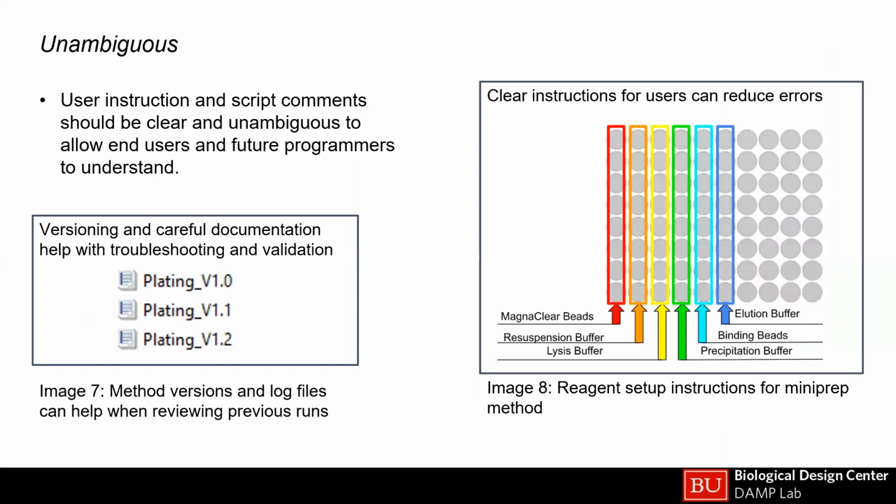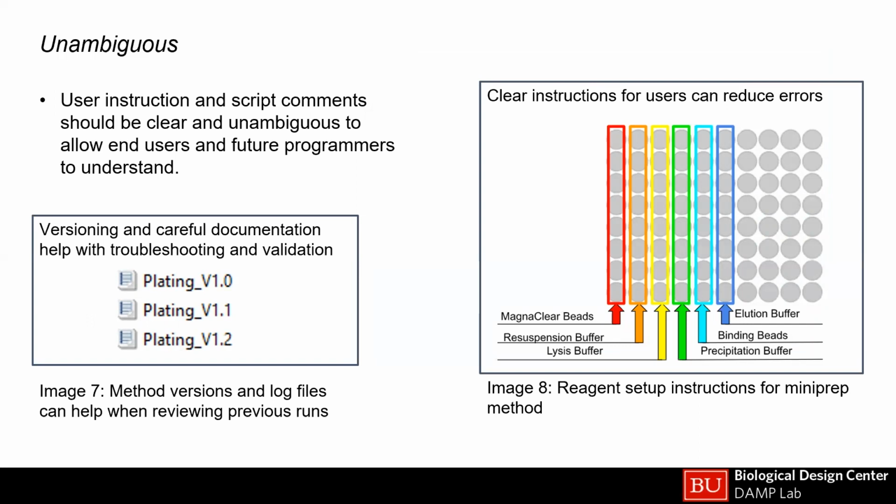It's also important, depending on the step, but in general, it should be very clear what exactly you want to get done. So protocols should be unambiguous. User dialogues in a method, in a robot, should be clear.